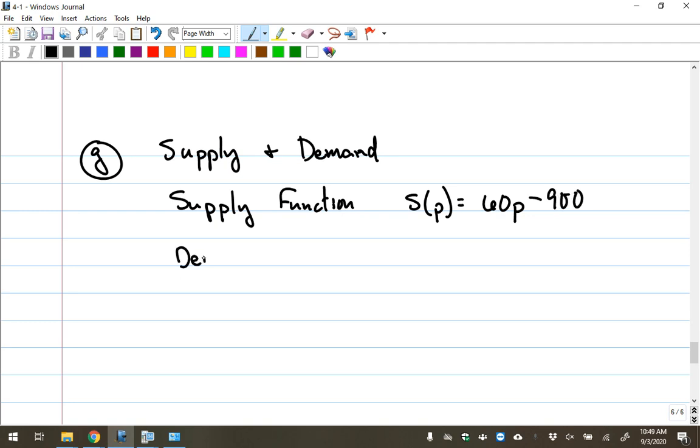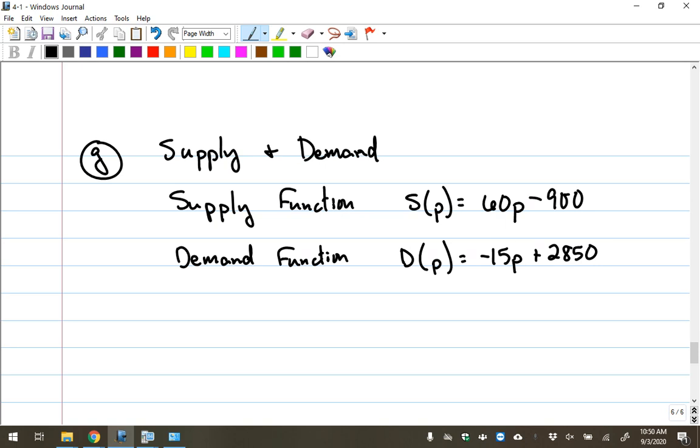And a demand function, D of P. And this one I pulled from a problem that talked about the price of a particular product that we were making in a factory or something like that, and our sale price of what we would make. So P represents a price in dollars.